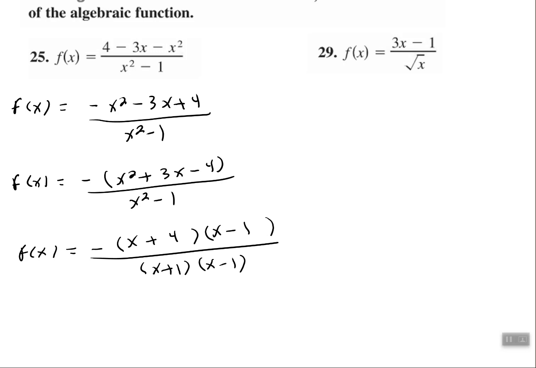So using our basic factoring rules for the trinomial and the difference of two perfect squares, you have to practice your algebra. I'll say that over and over again. Algebra is very important in calculus, so you have to continue to practice on your algebra. All right, so now we can cancel the x minus 1s.